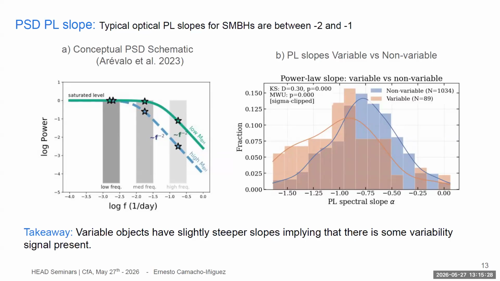But for our sample, when we compare the variable and the non-variable parts, we do see a slightly steeper distribution of slopes for the variable subset, but the difference is not that great. So it indicates that there is some variability present, but we are not able to separate these two populations based on the power law slope alone.